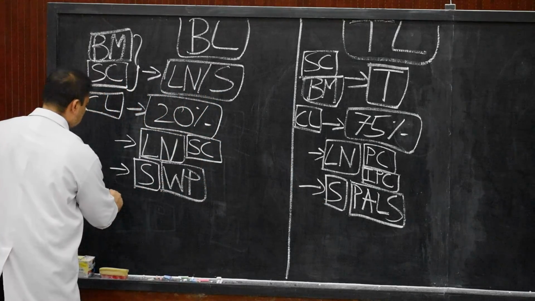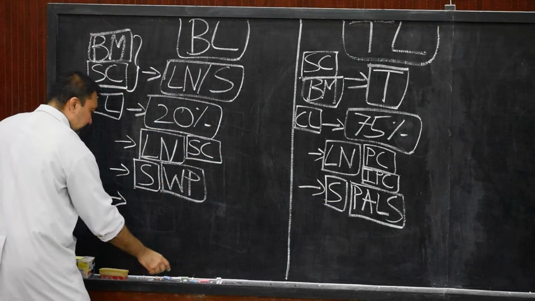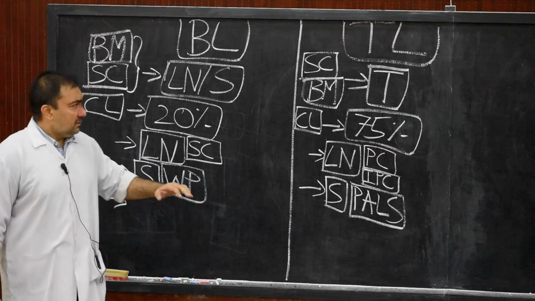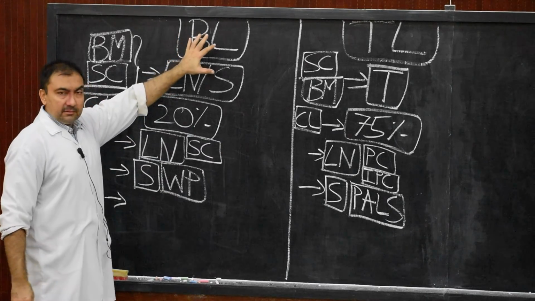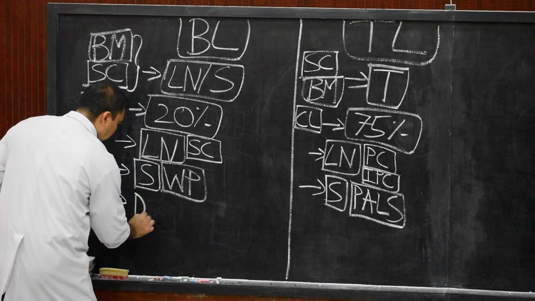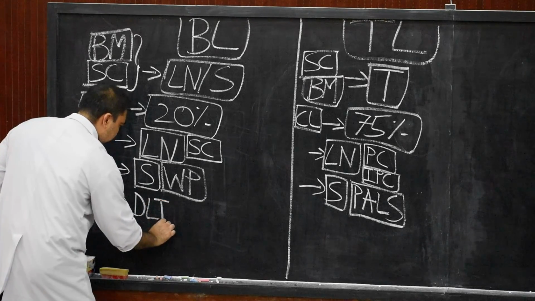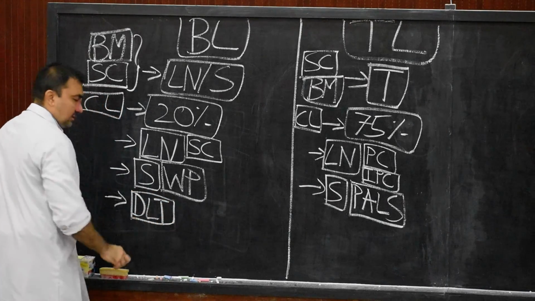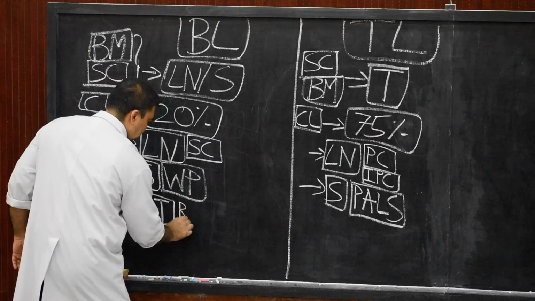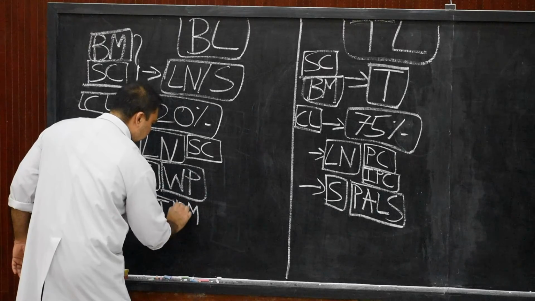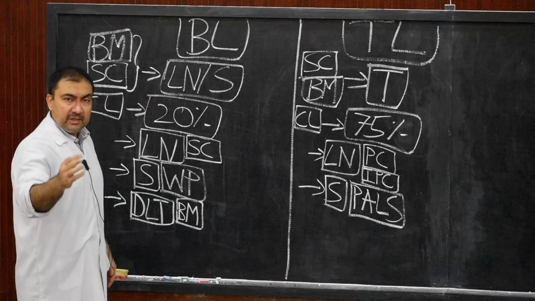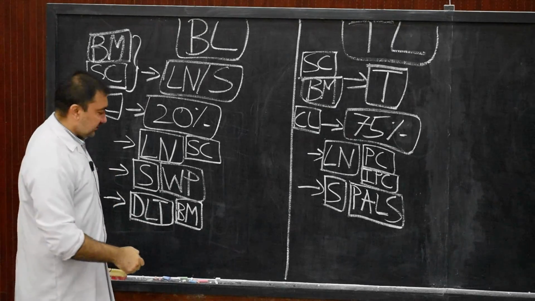Then we come to its diffuse arrangement. Now these B lymphocytes are found as diffuse lymphoid tissue beneath the mucosal membranes of the alimentary system, respiratory system and urinary system.